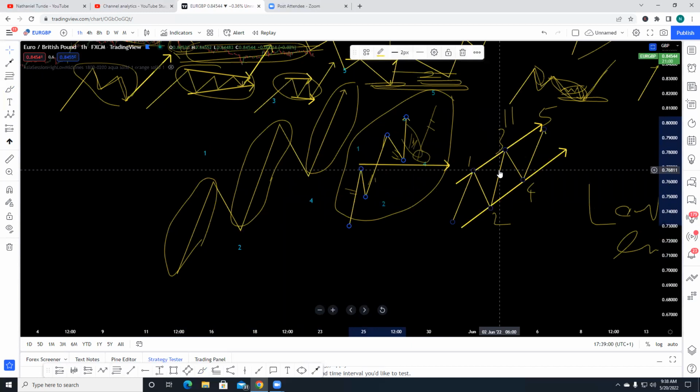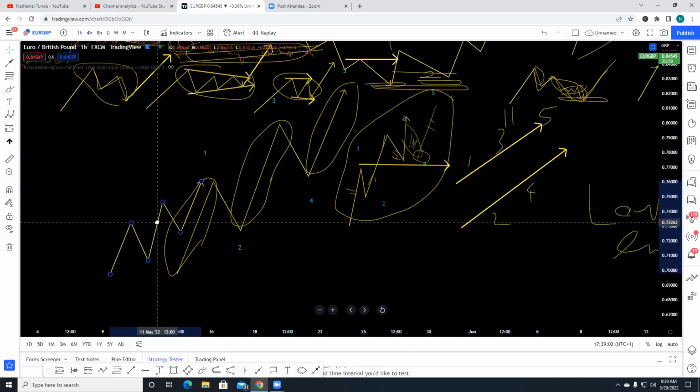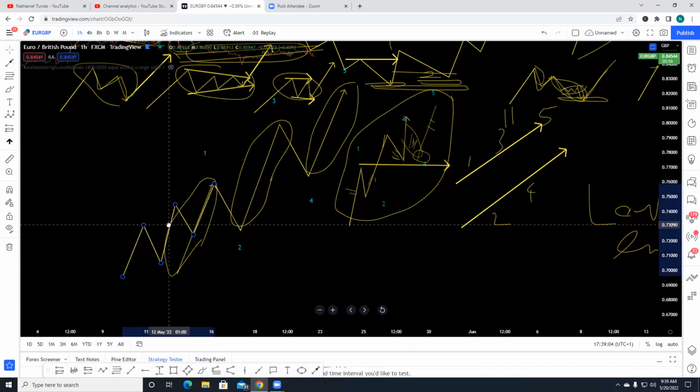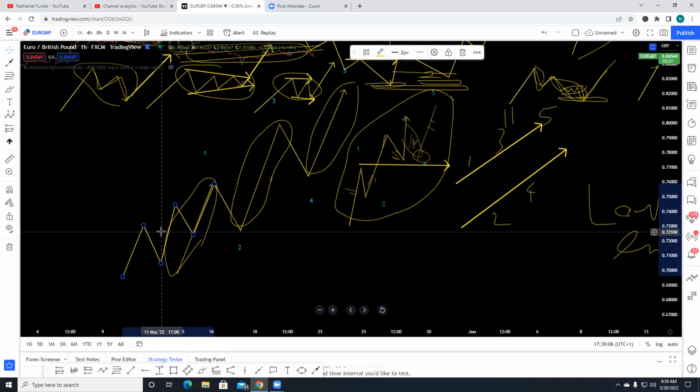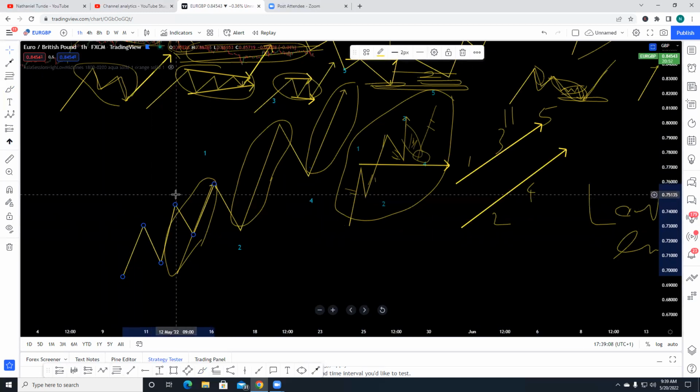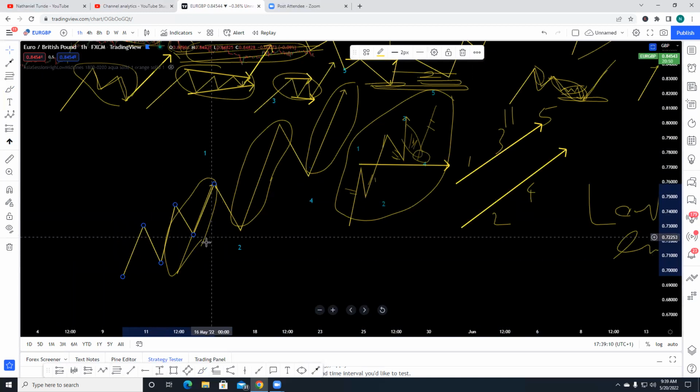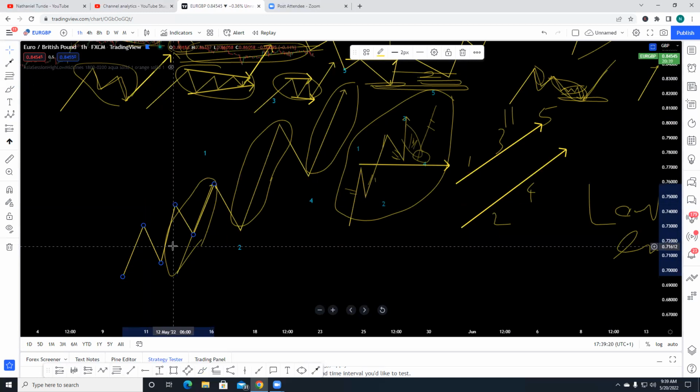Bring this diagonal here in the 5-wave structure. If you bring this diagonal here, it becomes a leading diagonal. Why? It's occurring in wave 1 of an impulse. Get me right, guys. This diagonal is appearing in wave 1 of an impulse. Therefore, it is a leading diagonal.